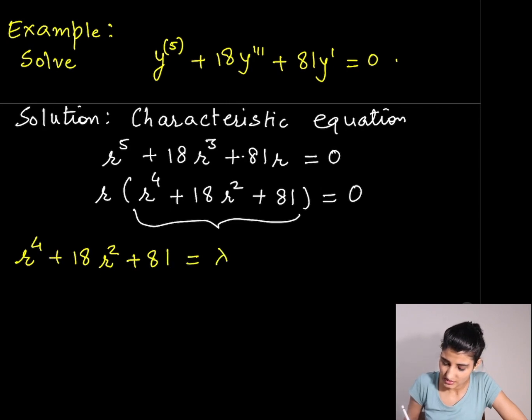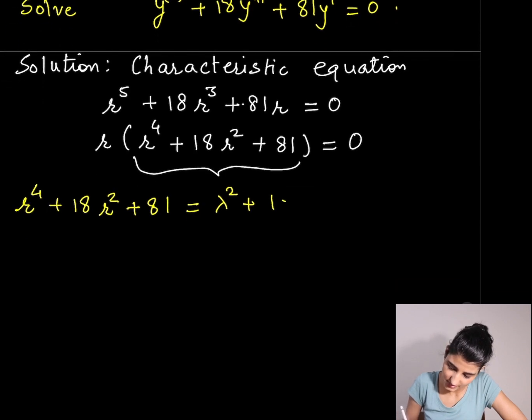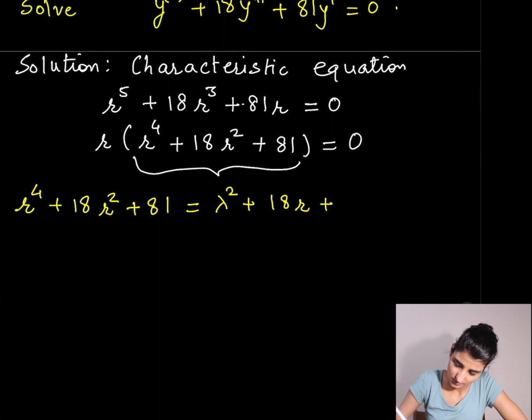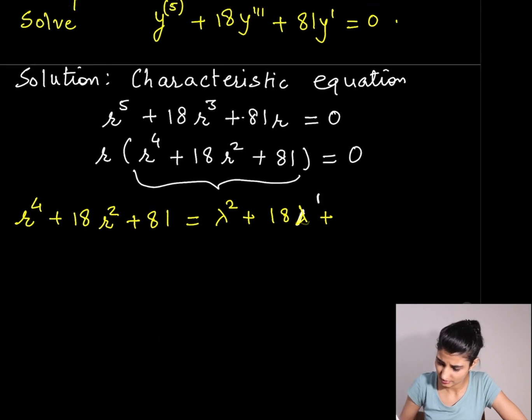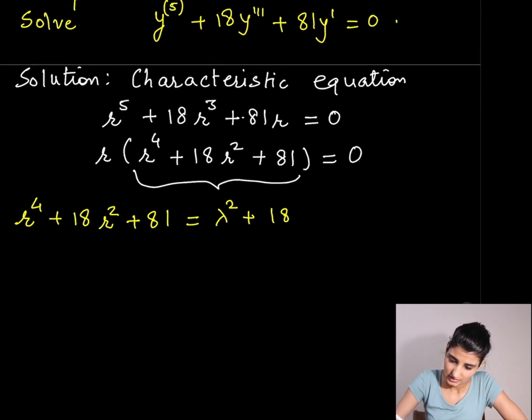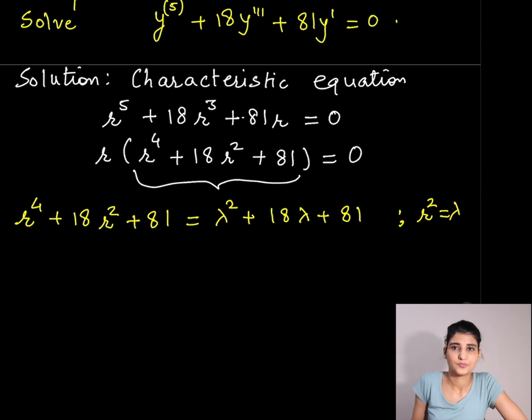This equation is same as lambda square plus 18 lambda plus 81, where we replaced r square by lambda, right?